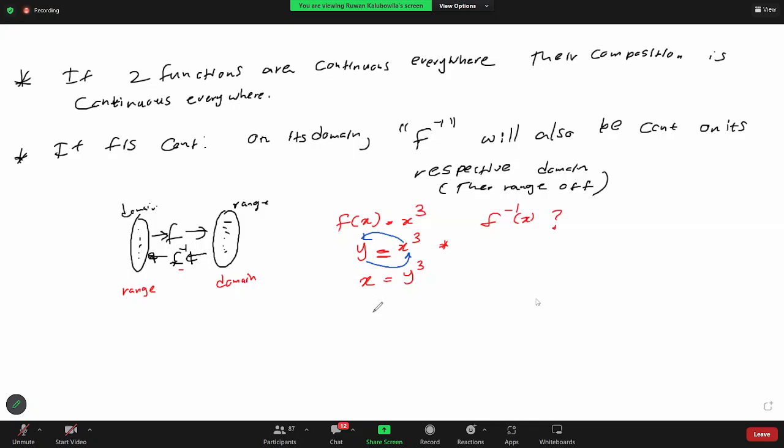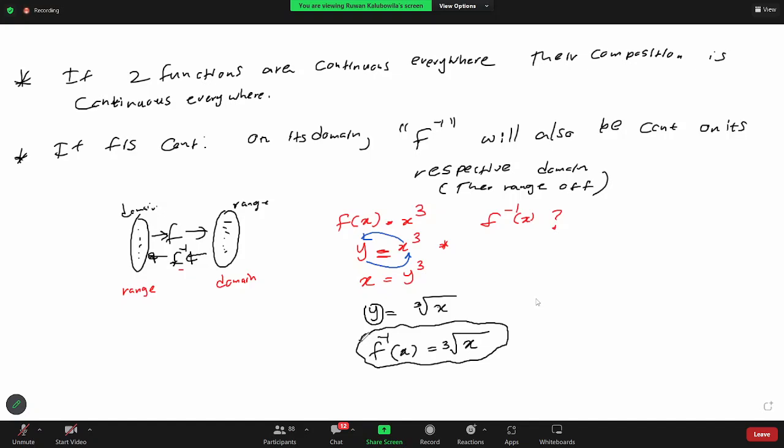Then we have this function. Now you can solve this for y. Y equals, not the square root, the cube root of x. So this is the new function. At this moment, this y represents f inverse of x. This is the way of finding the inverse function.